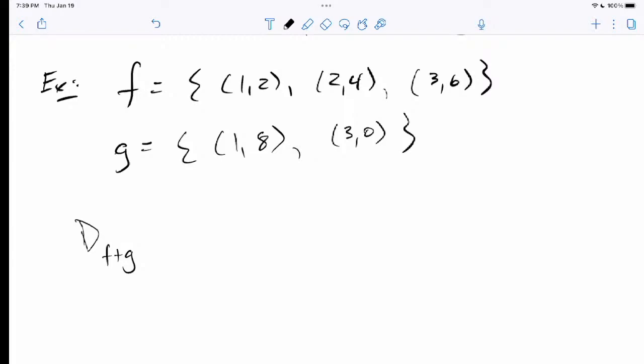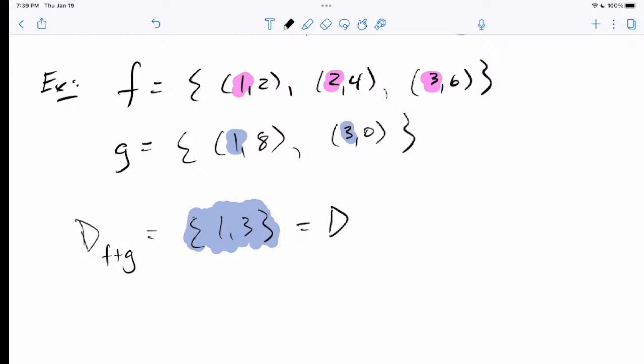To find the domain, you have to find out where both functions are happy. Function f is happy at 1, 2, and 3. Function g is happy at 1 and 3. So the domain is where they're both happy, at 1 and 3. That would be the domain of f plus g.